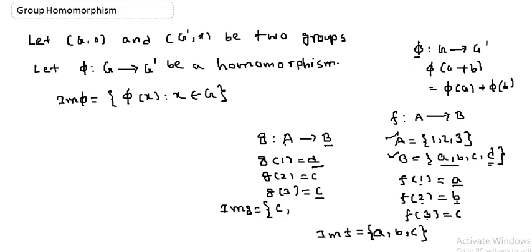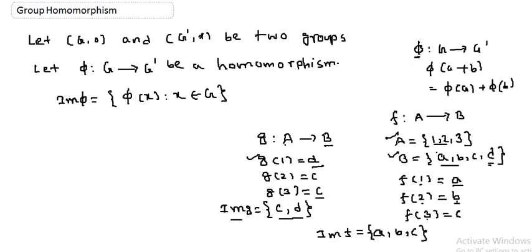So the image of g is the collection c and d. For this mapping there is no point of the set A which is mapped to the point a, and also none mapped to the point b. So the image of g is only the collection of the points c and d.